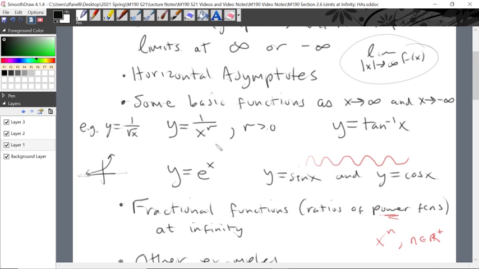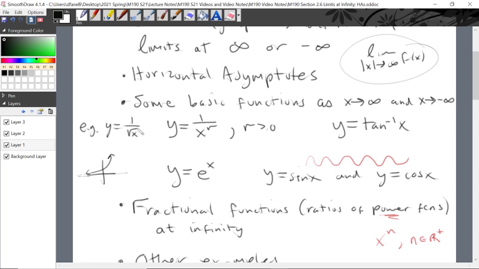So what happens to those functions as x goes to infinity? Notice, of course, since the domain of this function here is that x has to be greater than 0, we could consider the limit of this as x goes to infinity. And as x goes to infinity, the denominator would get really, really large, but the numerator stays finite, so the ratio would get very, very small and go towards 0.